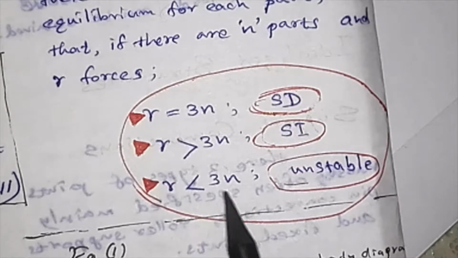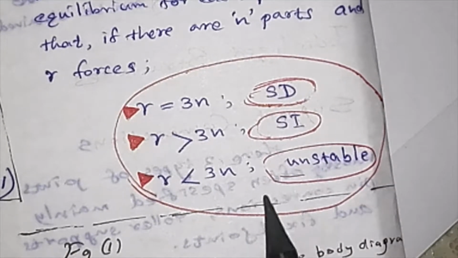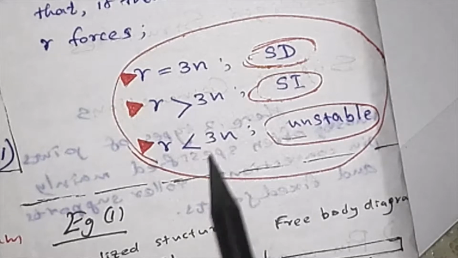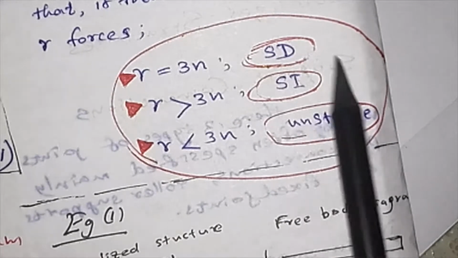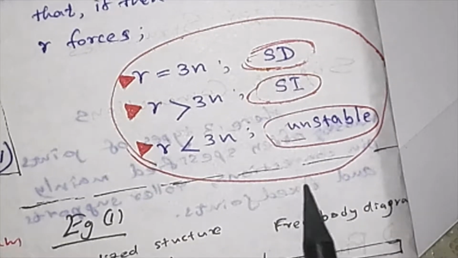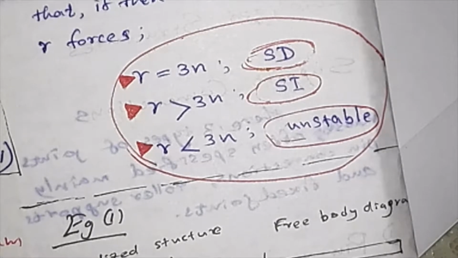If r is less than 3n, that is unstable. It can't exist like that. The 3n is because we have 3 equations. These 3 conditions are very crucial for the calculations and all that.